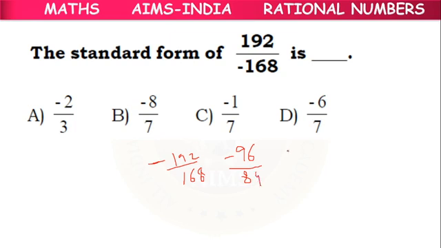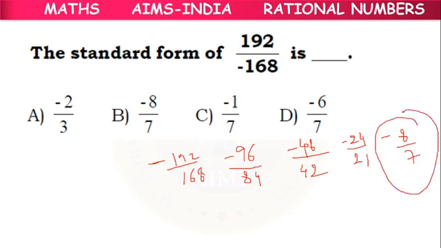Again with 2. 2 4s are 8, 2 8s are 16, 2 2s are 4. Again with 2. 2 2s are 4, 2 1s are 2. Now with 3. 3 8s are 24, 3 7s are 21. So minus 8 by 7 is the simplest form of the given rational number.